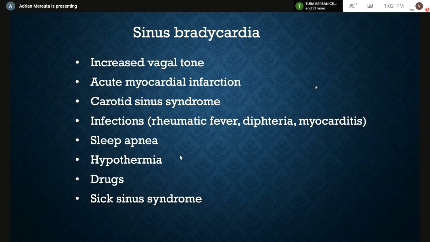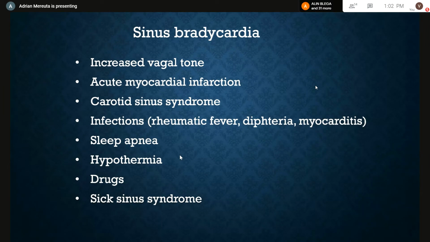Exactly. It's usually a giant J wave. Sometimes the J point, which is a conventional thing, is more than a point, and we call it a J wave. But when it's very big, giant, we usually call it an Osborne wave, and it's very strongly associated with hypothermia.